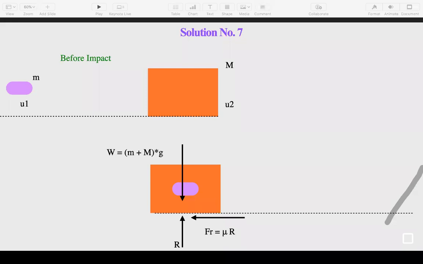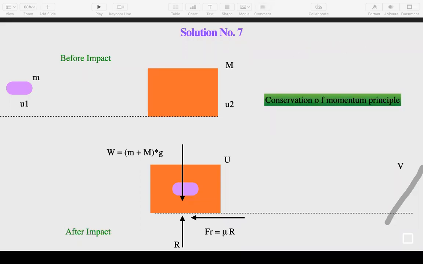After impact we consider the velocity u, and it travels a distance s and has a final velocity capital V. This is the after impact phenomenon.